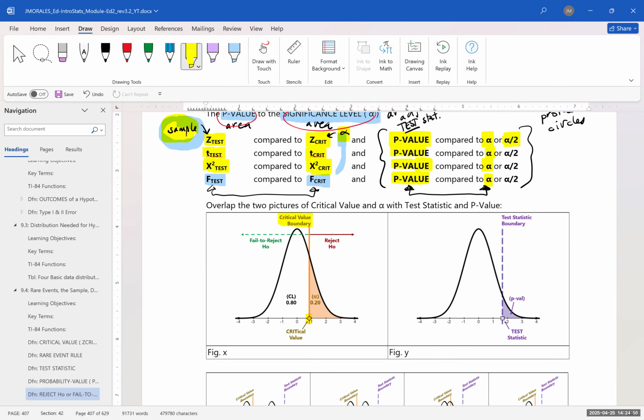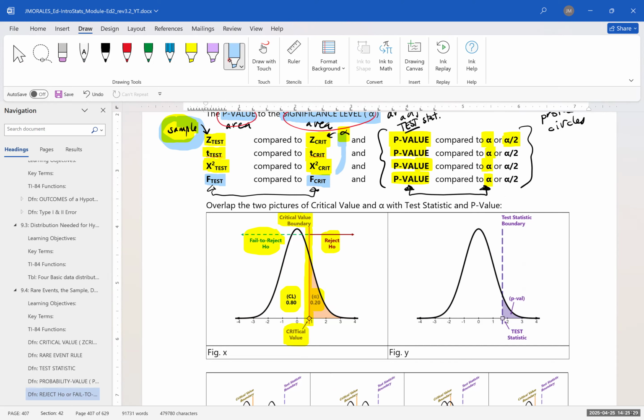So we have a critical value, which is a number on the number line. That value on the number line defines where this boundary is, and that boundary does two things. So the critical value does two things. It's the defining boundary between the confidence level and the significance level, and it's the boundary between rejecting the null and failing to reject the null. All of those things go together.